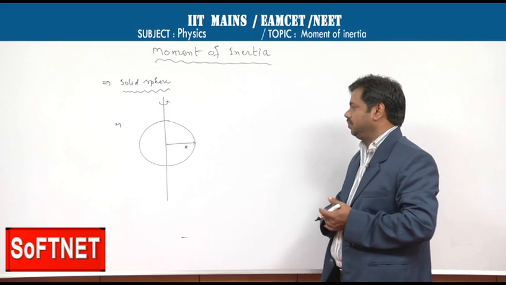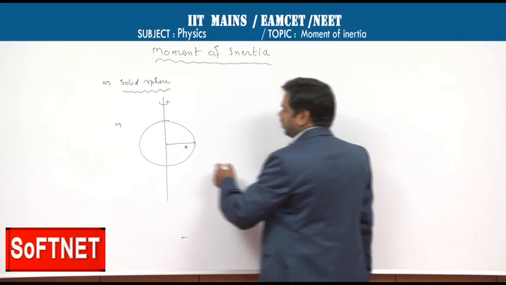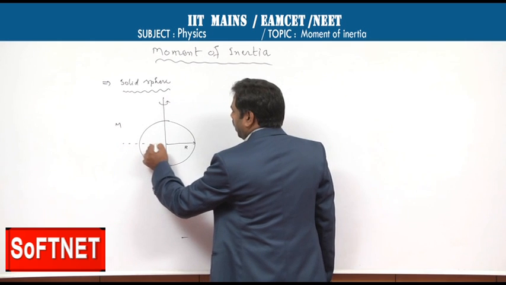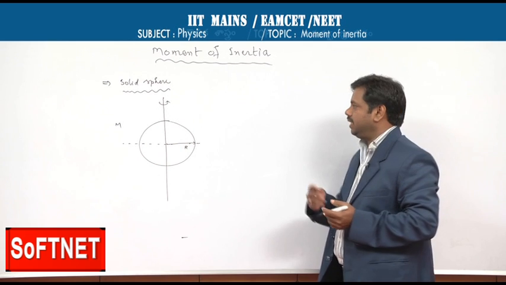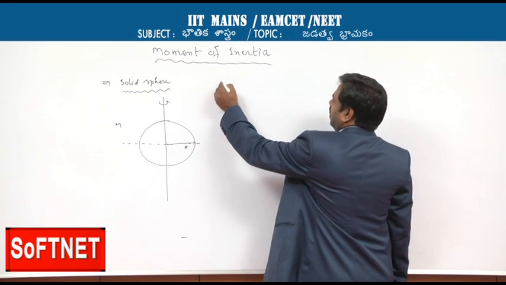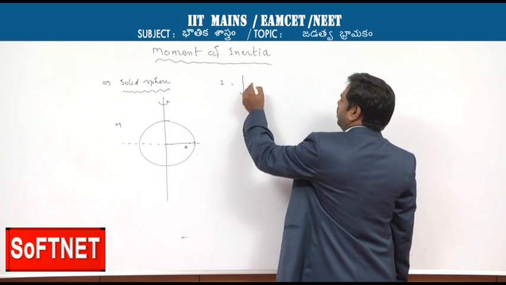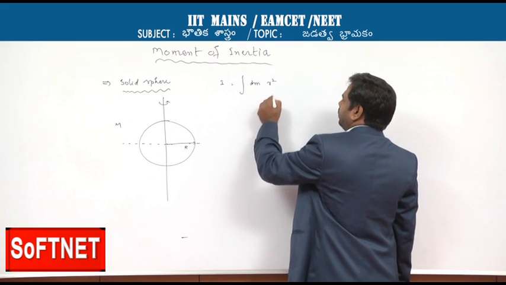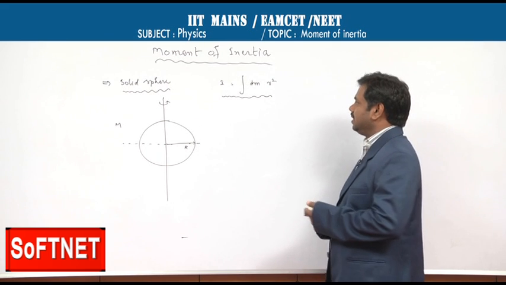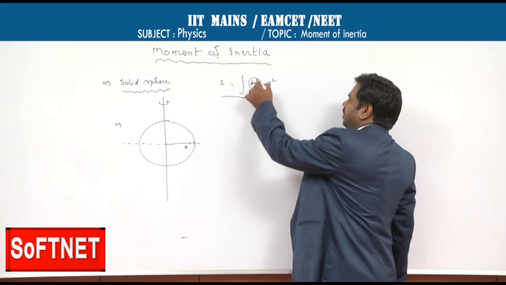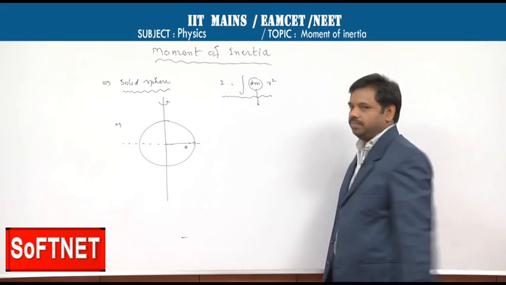How to find it? Already we studied the moment of inertia of a rigid body: I is equal to the integration of dm r square. That means in the rigid body we have to consider an element of mass dm.